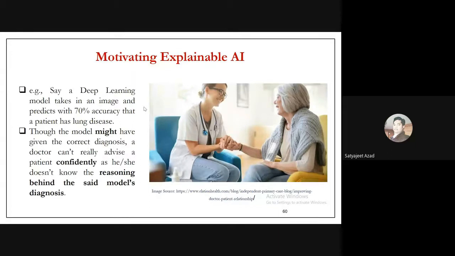The model might have given the correct diagnosis, using whatever data set was available. But a doctor can't really advise a patient with confidence, as he doesn't know the reasoning behind the model, because doctors don't know how the features are behaving.